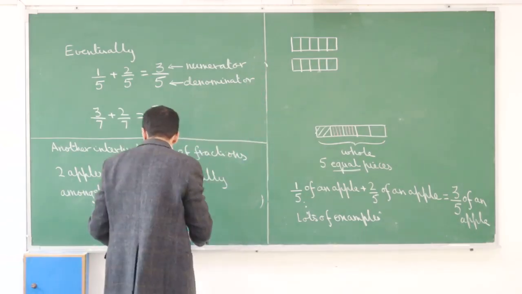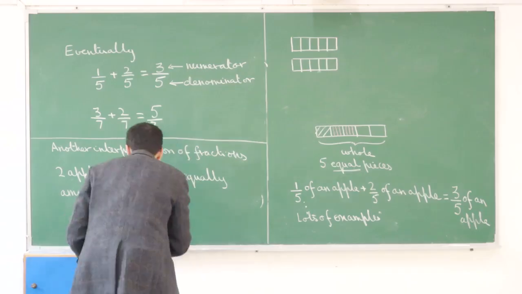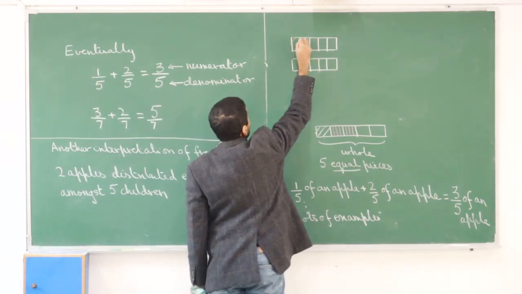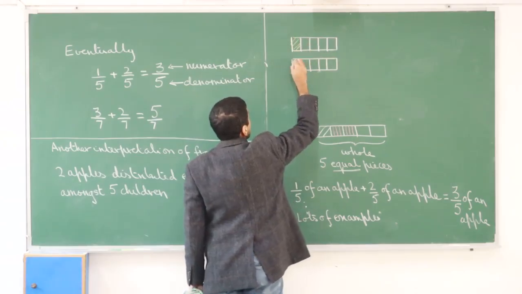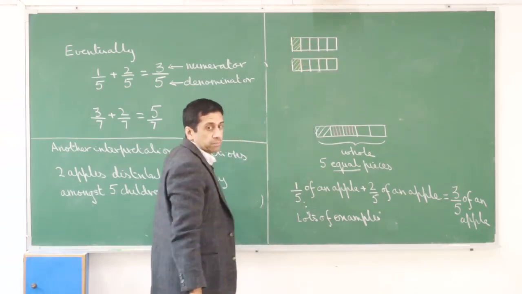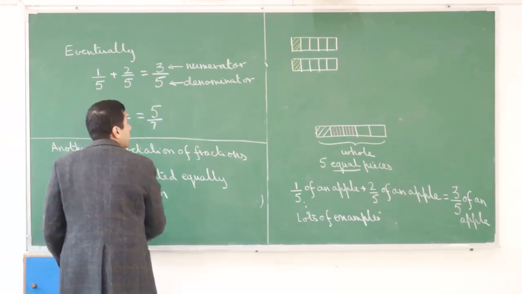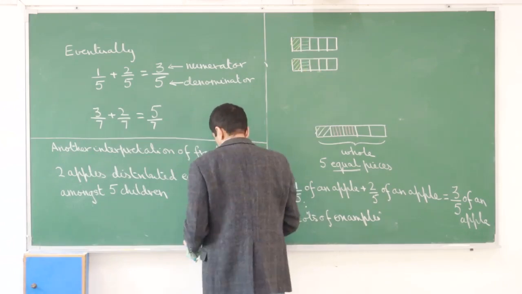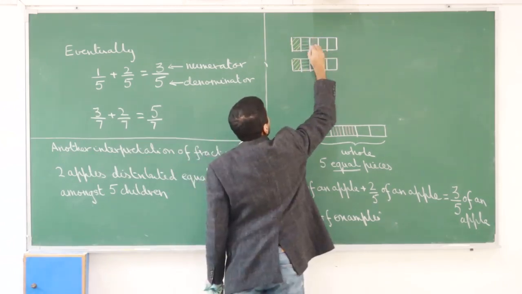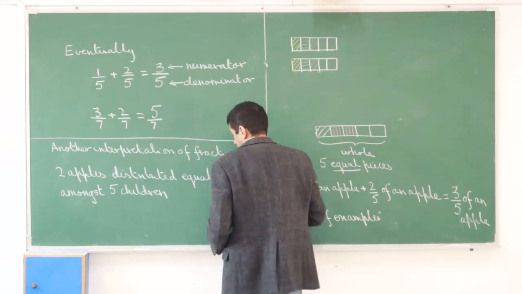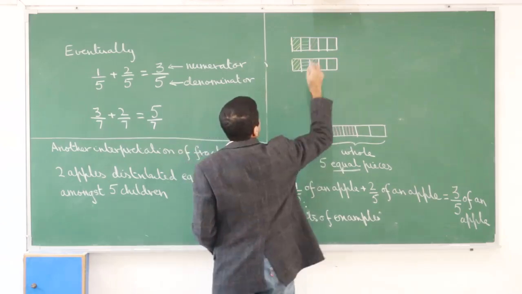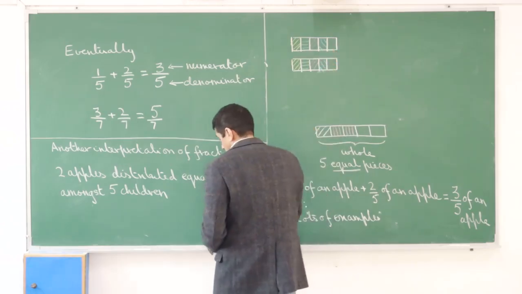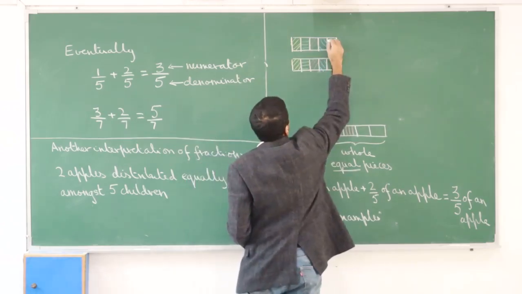The way I can do it is to give 1 piece from here and 1 piece from here to one child. I could do the same with the other kid, and everybody would be happy.